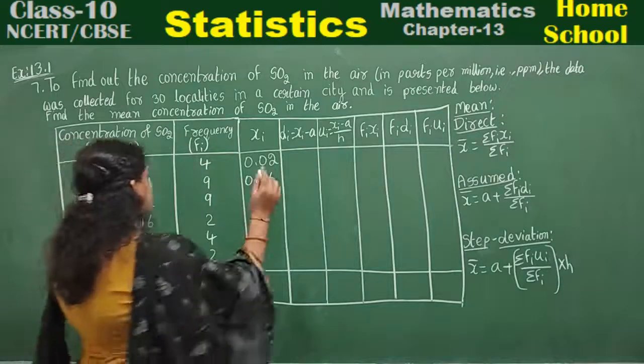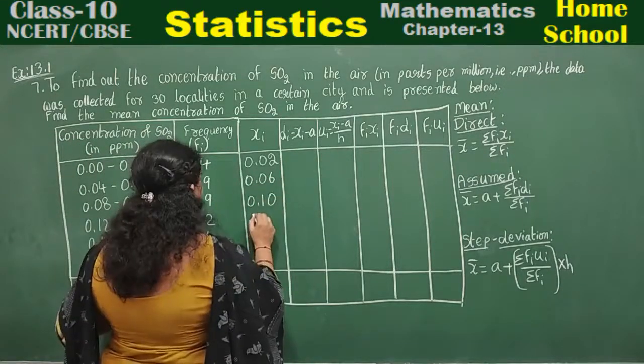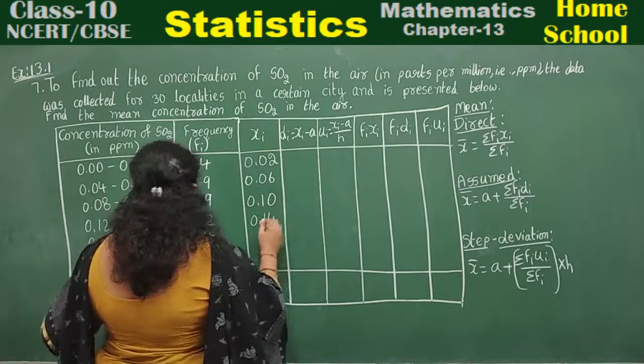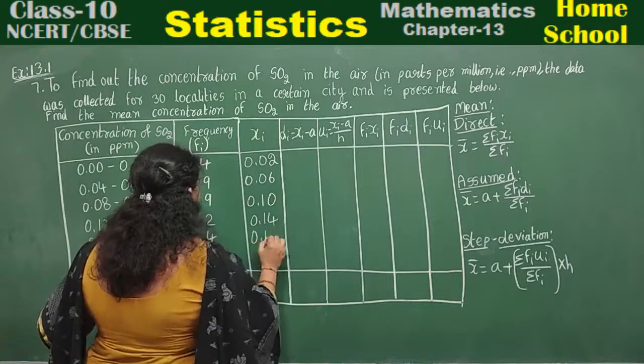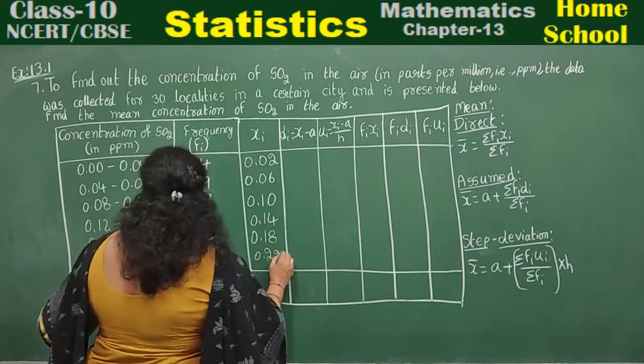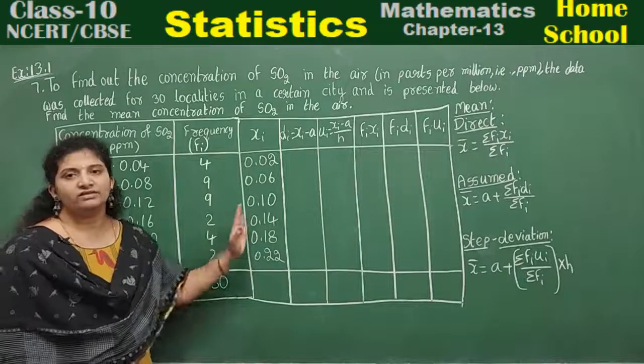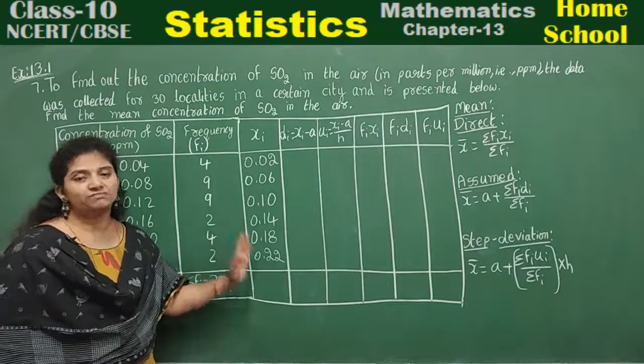Similarly, next one 0.10, and here 0.14, and next 0.18, 0.22. This is the class mark.